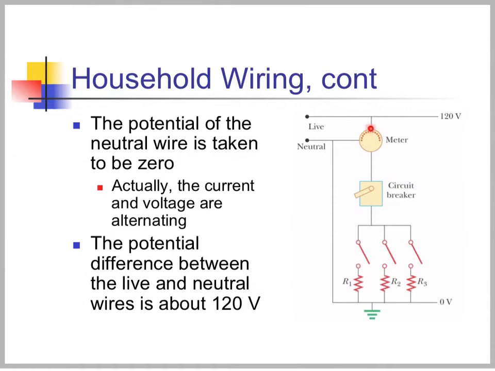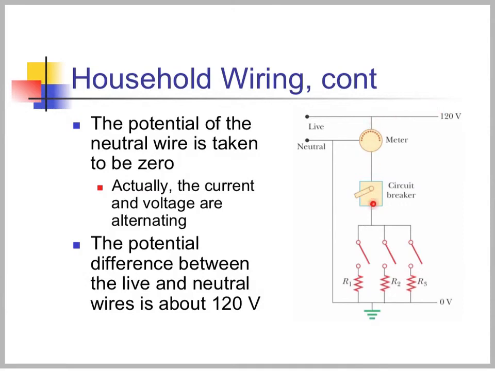So we'll have a meter here that's going to measure the amount of current that goes through here, and it'll measure the amount of energy that we're using. We have a main circuit breaker to turn this live wire off from the house. And we have individual circuit breakers that we can open and close to different circuits, and then across each circuit we'll have different resistances. Those can be toasters, hair dryers, washing machines, light bulbs, whatever it is that provides the load resistance.